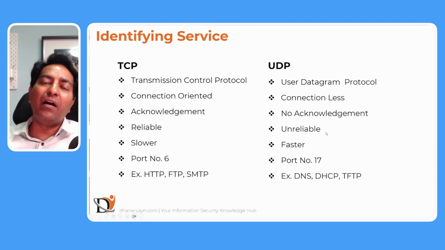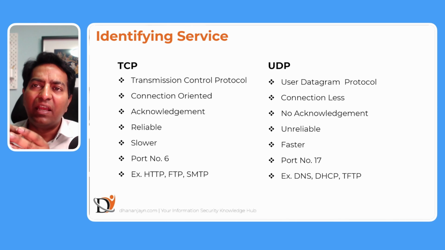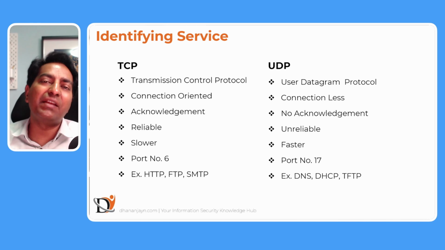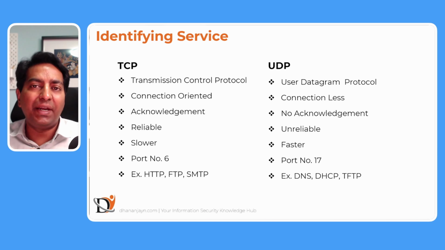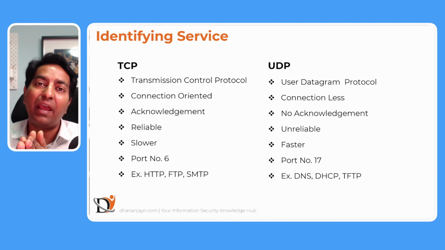Now, as there is an acknowledgement, TCP is said to be a reliable protocol, whereas UDP is said to be unreliable. But even if it is unreliable, it helps in quickly sending or receiving something. There could be some loss, right? But at the end of the day, not all services need reliable acknowledgements.